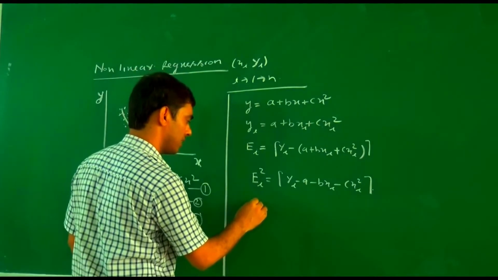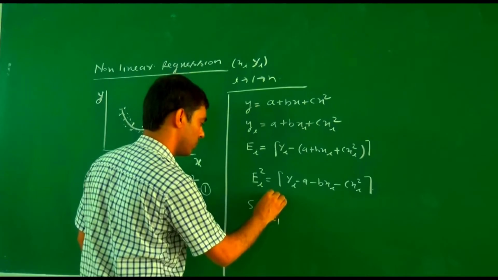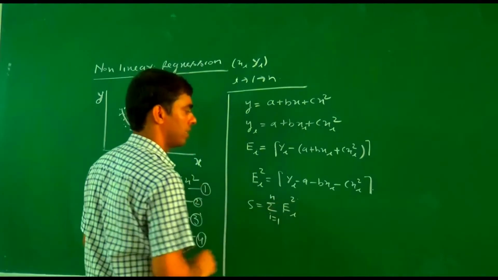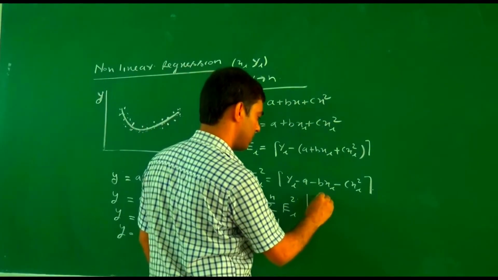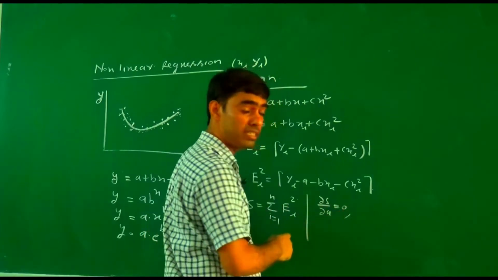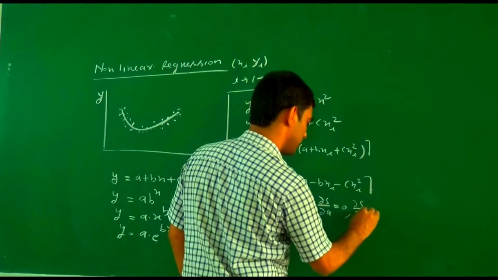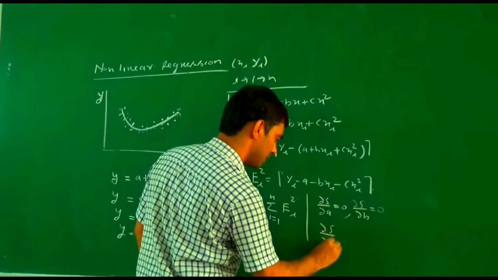Then we find the sum, S equals summation from i equals 1 to n of ei square. How do we find the normal equations? Here we put del S upon del a equal to 0. These are the necessary conditions for the minima or maxima. Del S upon del b equal to 0 and del S upon del c equal to what?